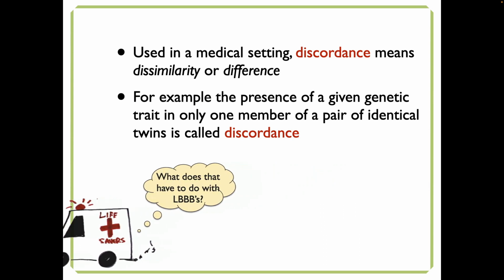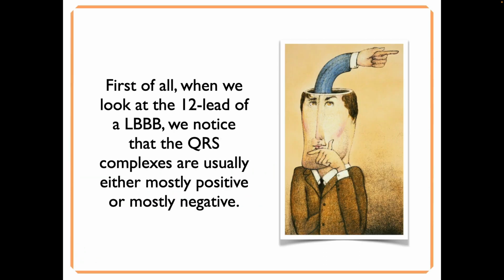So what does it have to do with left bundle branch blocks? First of all, when we look at the 12 lead of a left bundle branch block, one thing that we have not mentioned is that the QRS complexes, not always, not entirely, but frequently are either mostly or entirely positive or mostly or entirely negative.